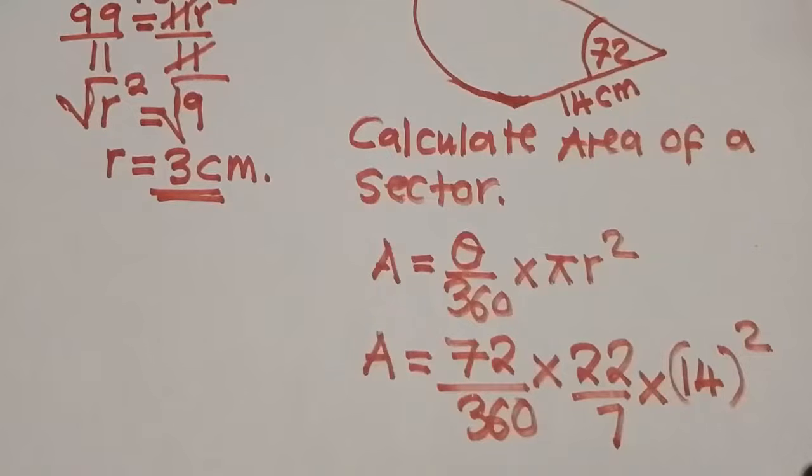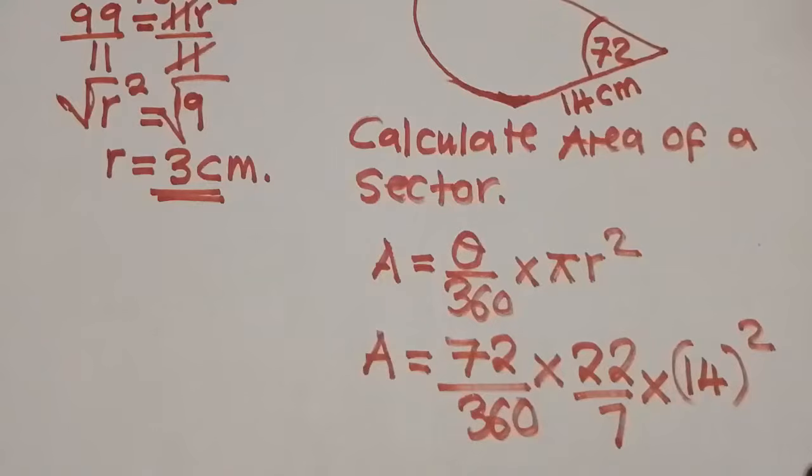So with these calculations, I start working this out now. How can I multiply all these numbers which are here? The calculations start now.